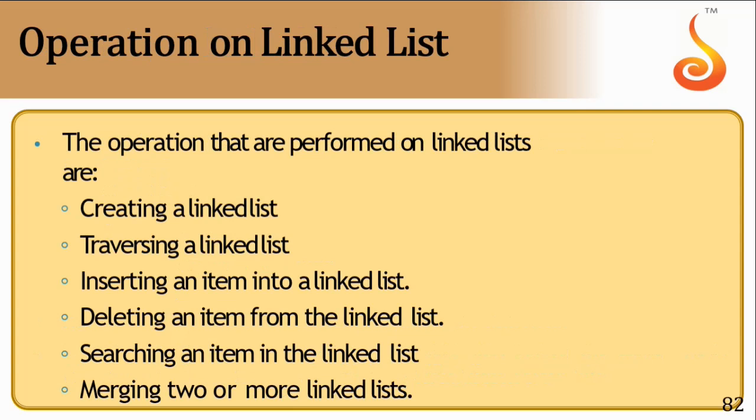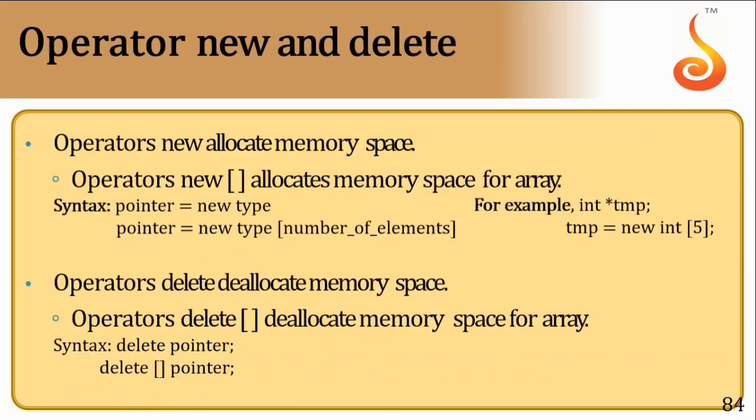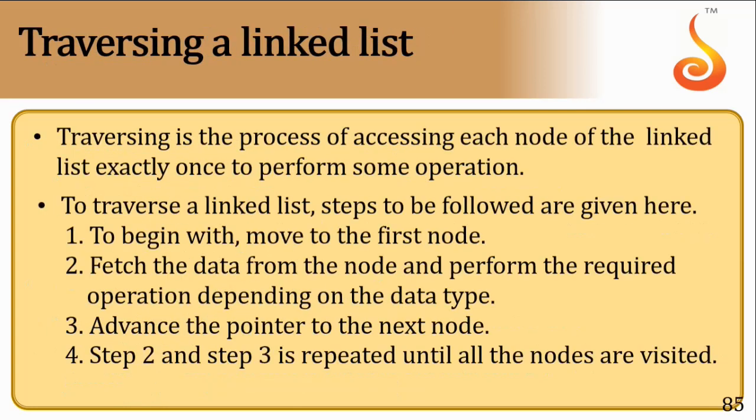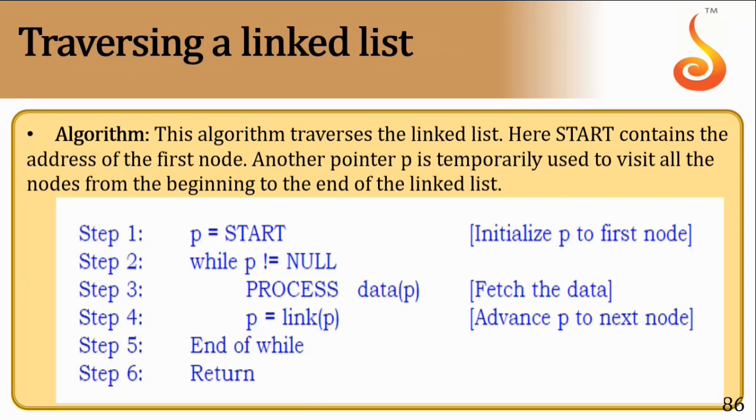Traversing a list, yeah. Inserting. Traversing is nothing but visiting each element of the list at least once. Then deleting an element, searching and merging. We did traversing. So this was the algorithm yesterday, an algorithm that traverses the linked list.